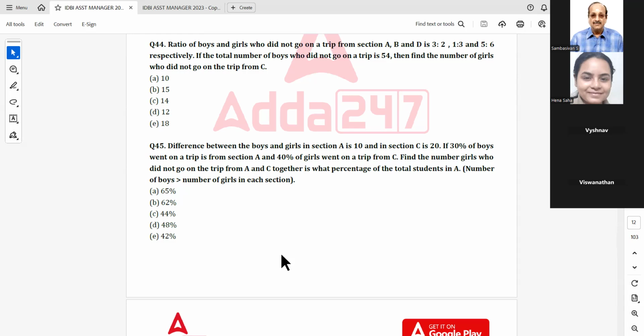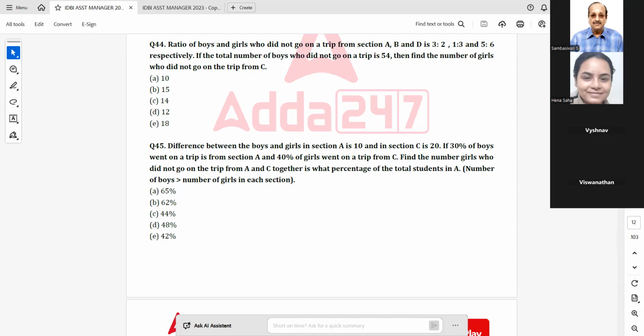See, there are too many catch points they are involving in this. Here, number of section A, number of boys 20, number of girls 30. Then in section C, what is the number of boys? Vaishnav, what is the number of boys in section C?